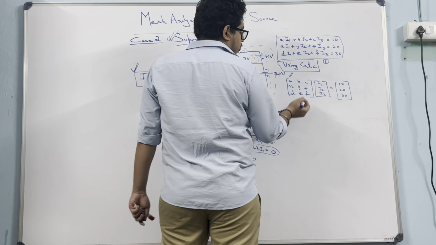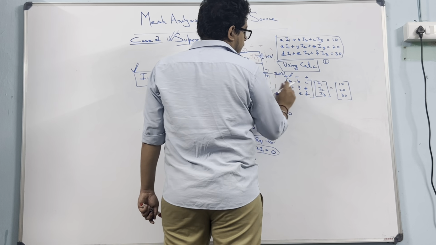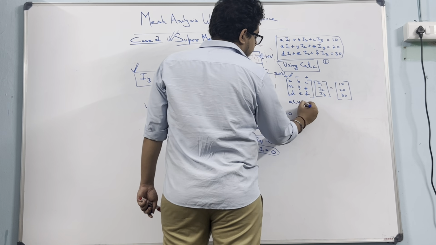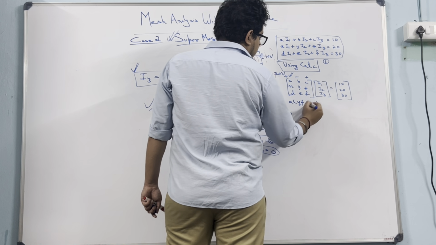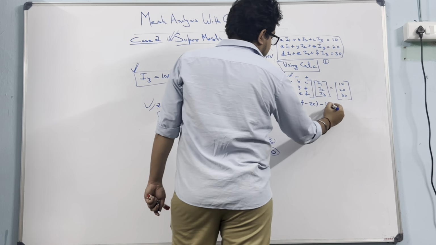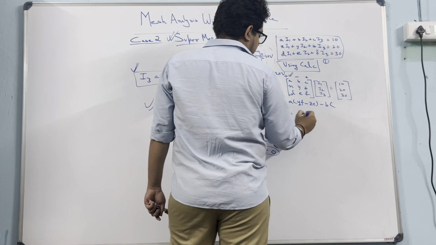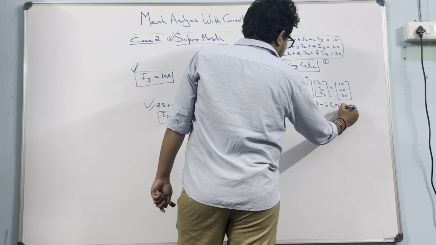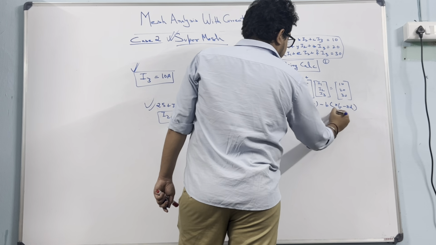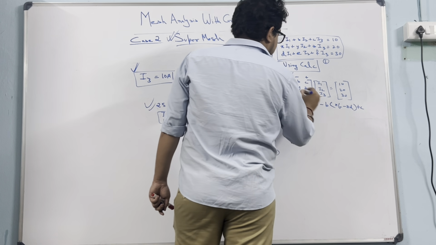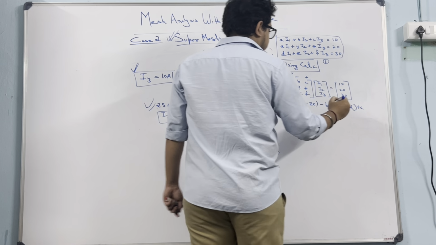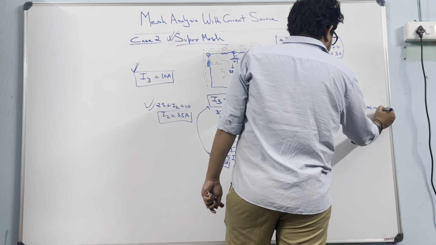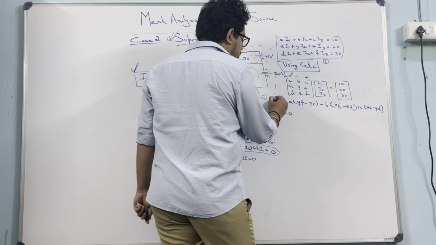Plus A times (YF minus ZE), minus B, negative sign, minus B, leaving this row, times (XF minus ZD), plus C, leaving this row, times (XE minus YD). So this would be known as delta.